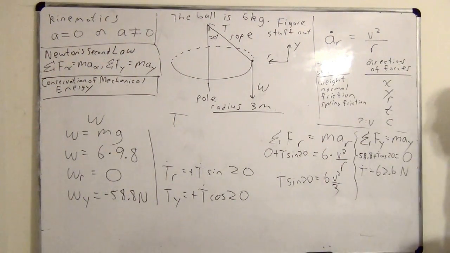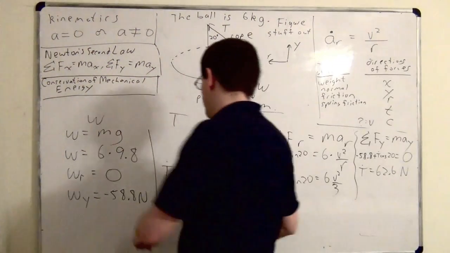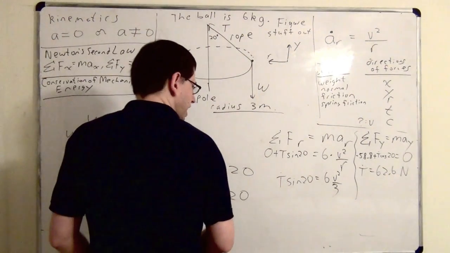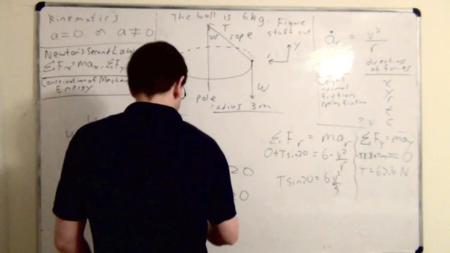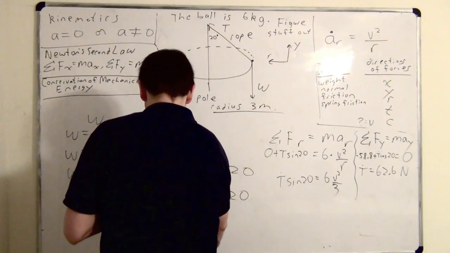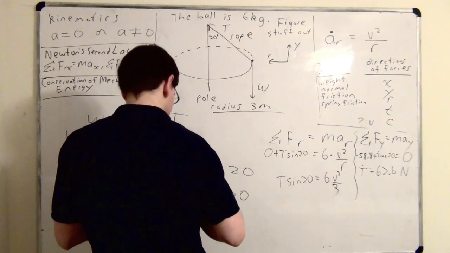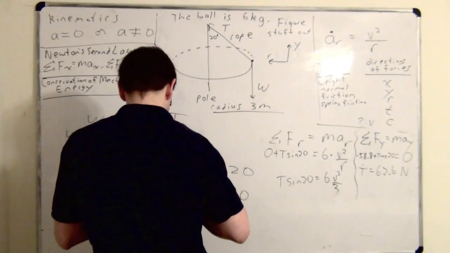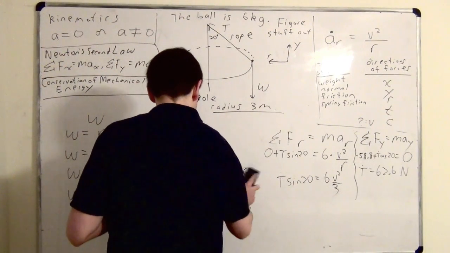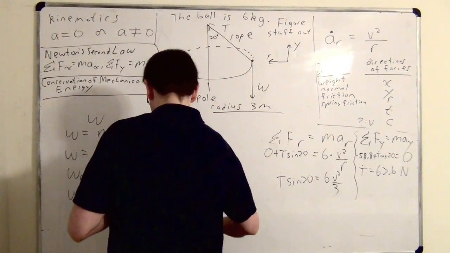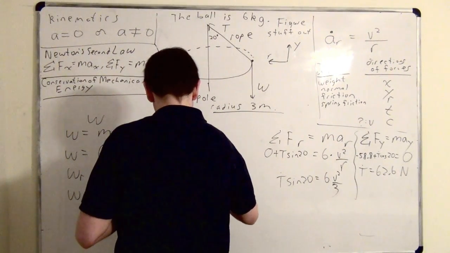Then what? And that plugs back into the F of x. Good. Maybe it's more organized to plug it into our table first. So we can now work out these two things. What did you get? 62.6. Sine of 20.